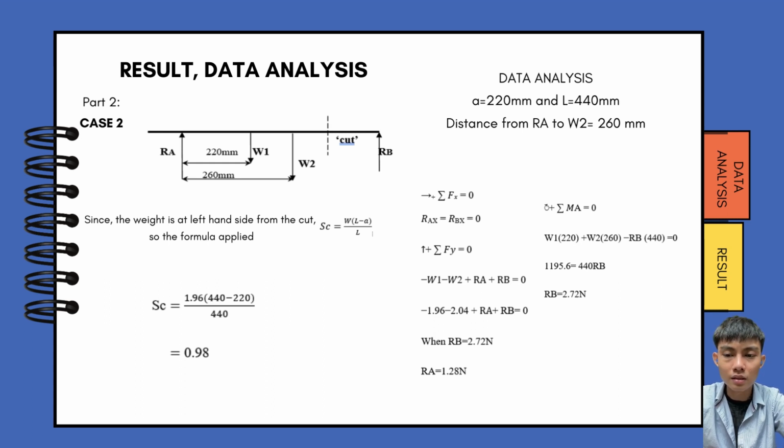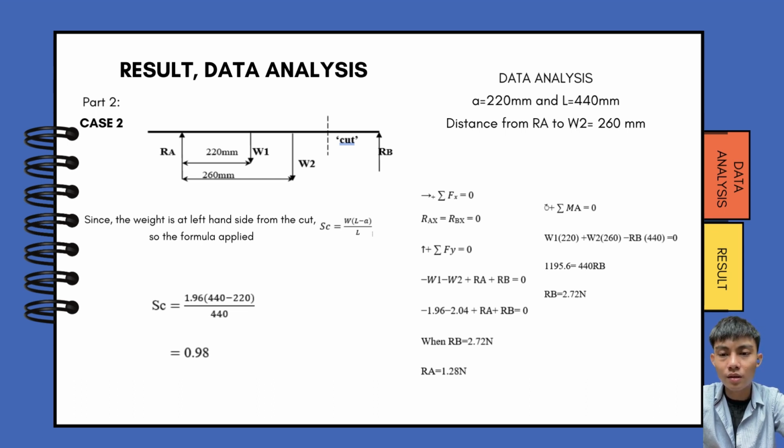Since the weight is on the left hand side, we use the same formula, SC equals W times the length minus a, divided by the length. So we can clearly get the shear force as 0.9.